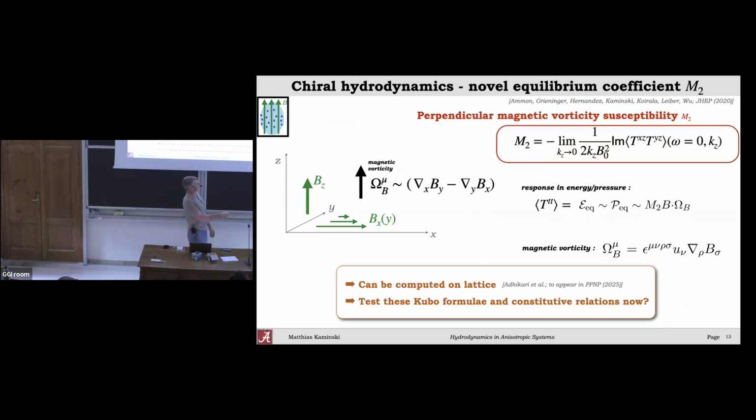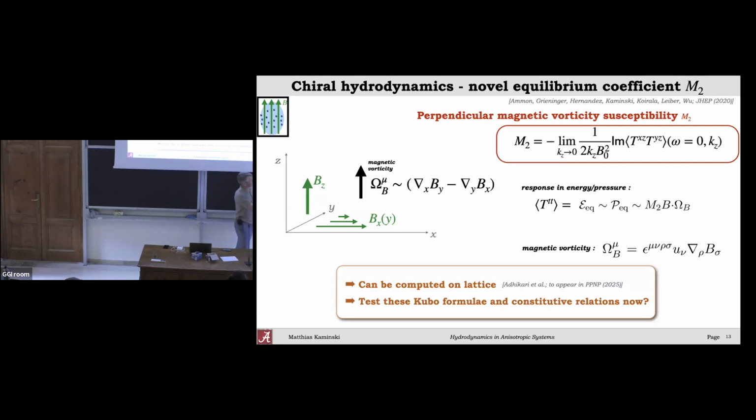And another thing that happens is a certain susceptibility, M2 it's called. It's a perpendicular magnetic vorticity susceptibility. We call it that because it's a response to vorticity in equilibrium. And it's not just the fluid flow velocity, it's the magnetic vorticity, which is defined as the antisymmetric product of the magnetic field.